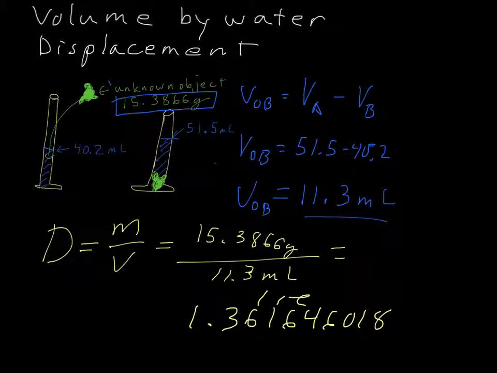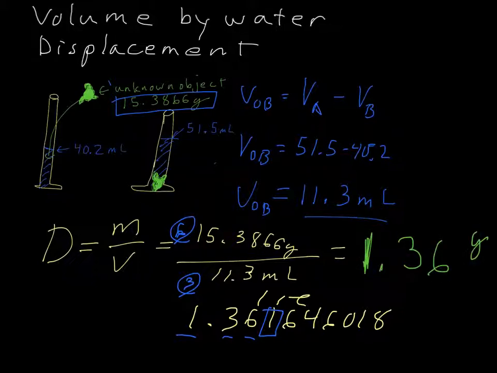If I look at my measurements, I've got 3 sig figs here. Whoa, 6 sig figs here, and that's very close to the scenario you'll have in the lab. 3 is the least number, 1, 2, 3, round on the basis of that. So that gives me a final answer for the density of my object of 1.36 grams per milliliter.